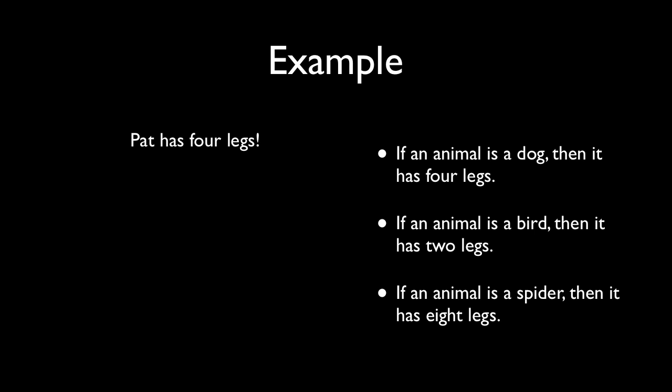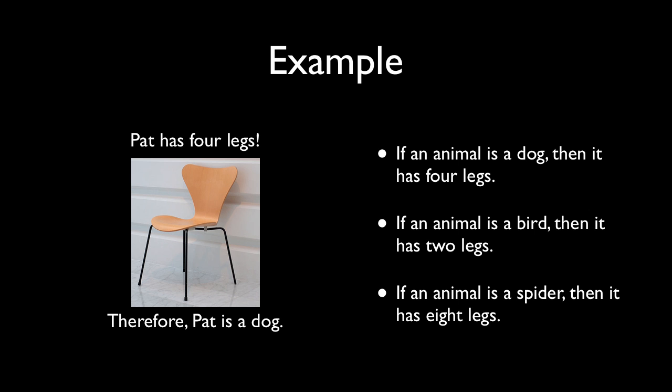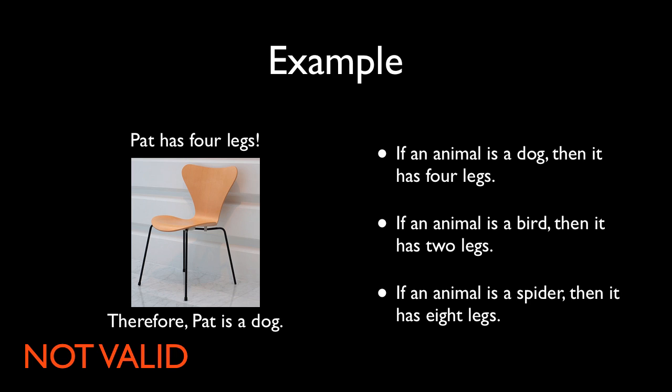We're switching it around. We can't conclude that Pat is a dog. That's invalid. For all we know, Pat's a chair. The if part of the sentence must be satisfied in order to make the conclusion for the then.